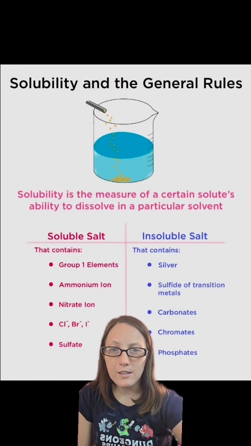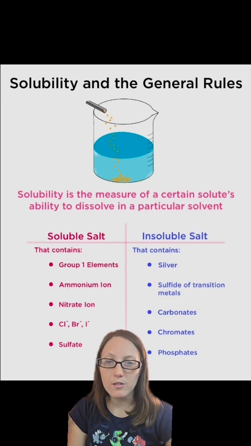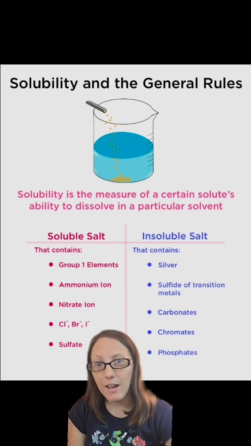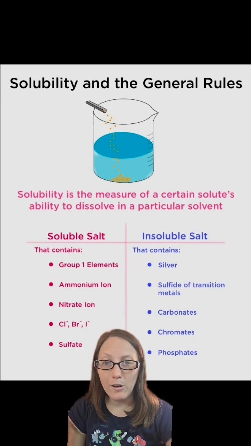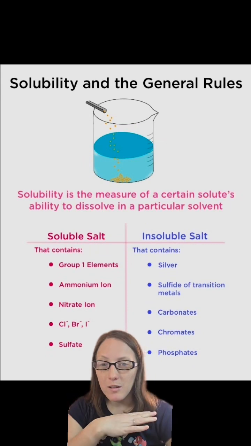So this is just a simple list of the general rules of how you know something is soluble. Soluble salts include group 1 elements, so those are our alkali metals, things like potassium and sodium, things that make up our halides, which we've been talking about all month.